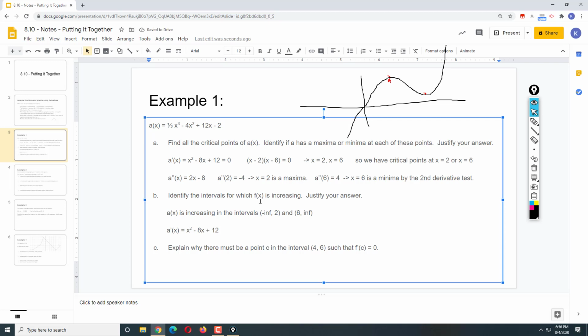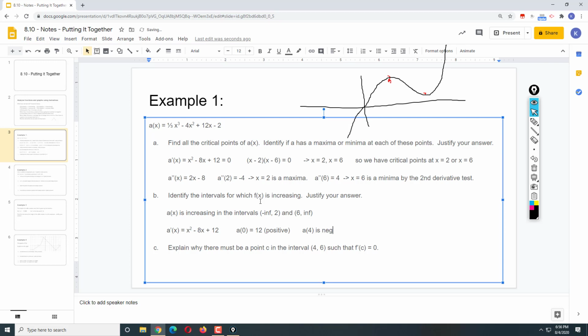And we can check. Let's use our testing points. Let's use A prime of 0. Well, A prime of 0 is plus 12, so it's positive. A prime of 4 is 16 minus 32 plus 12, which is negative.